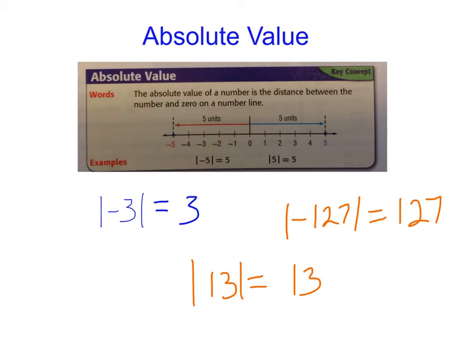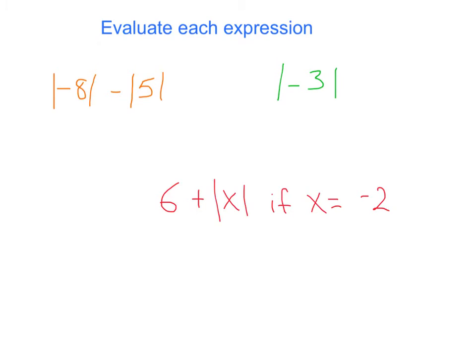So this will be how you show your work today. Here are a few problems where we're going to evaluate the expression. On this first one, I'm looking at the absolute value of negative 8 minus the absolute value of 5. I want to figure out the absolute value of each of these numbers.